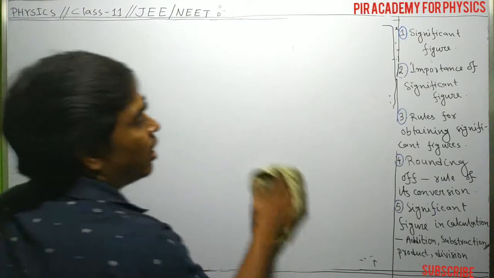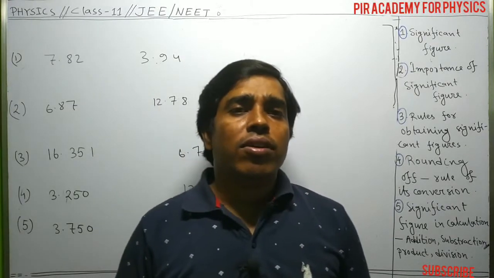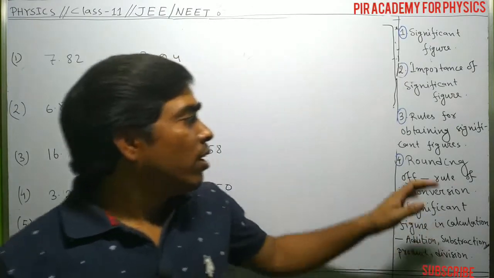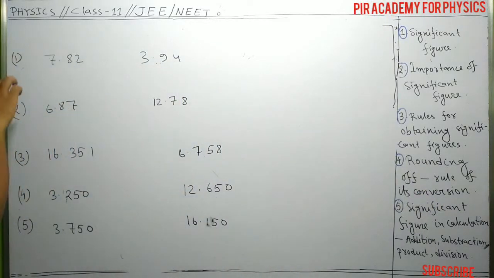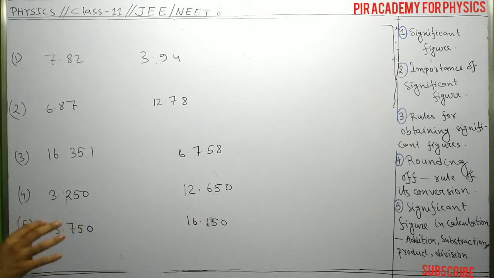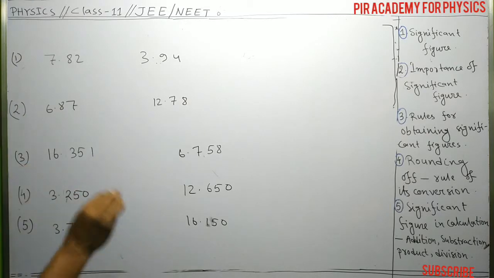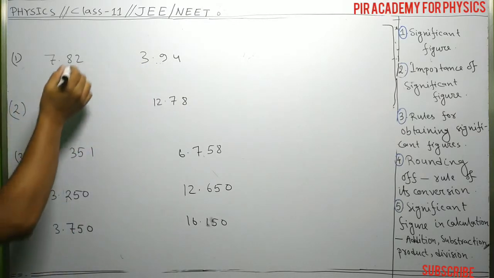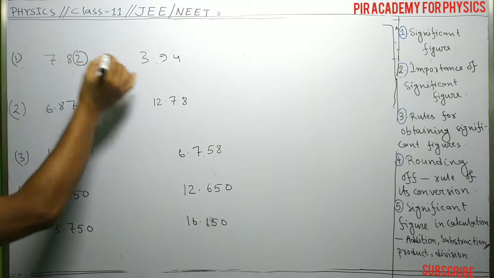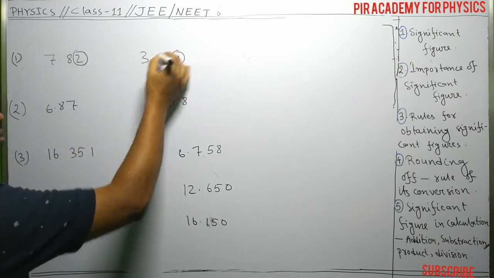Then I will discuss rounding off. Here you see 5 cases. If you understand these 5 cases, then you will be able to round off any number. Now, you want to drop these values.